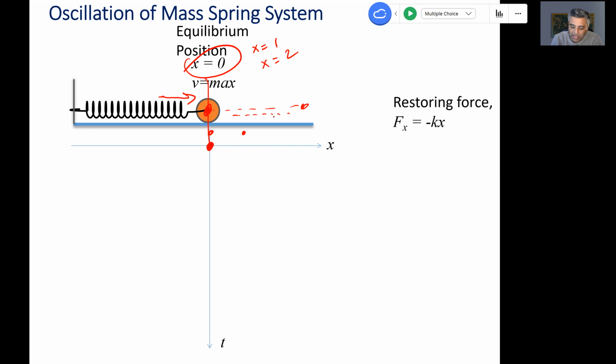And then they're going to be crowded, slowing down, right? And then after here, it stops, let's say. So that's how the position is going to look if I'm tracking each of those positions every second, okay?